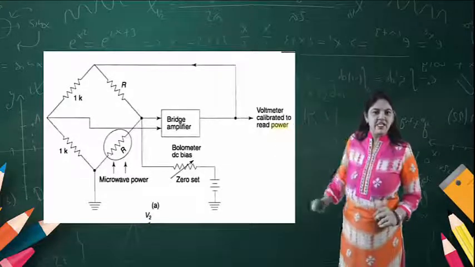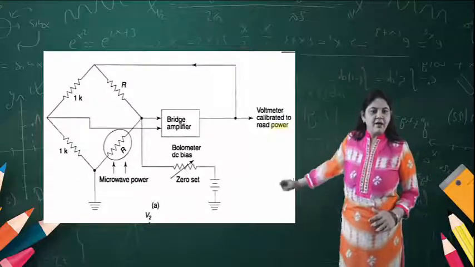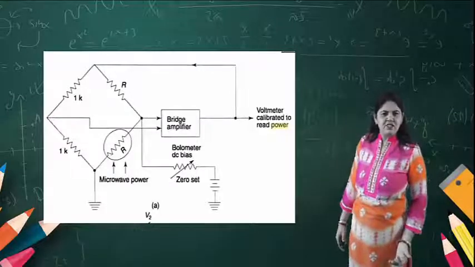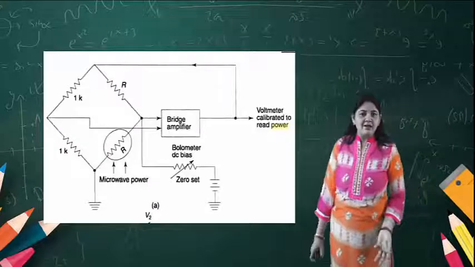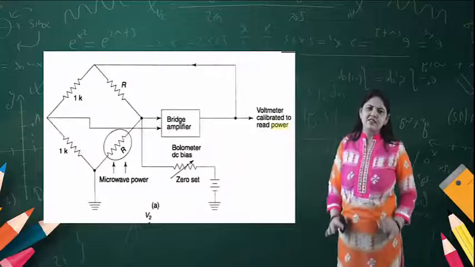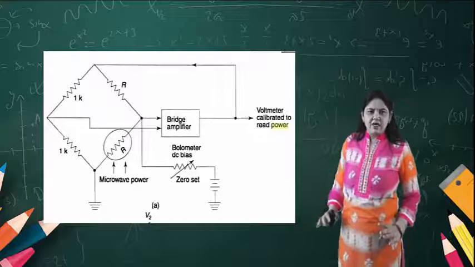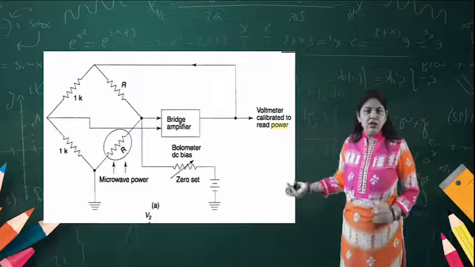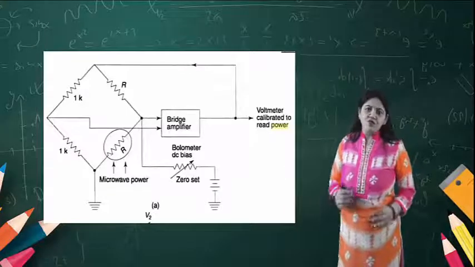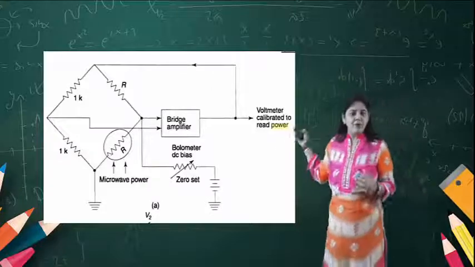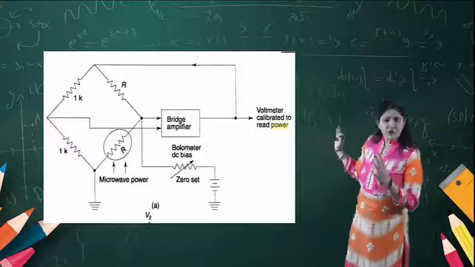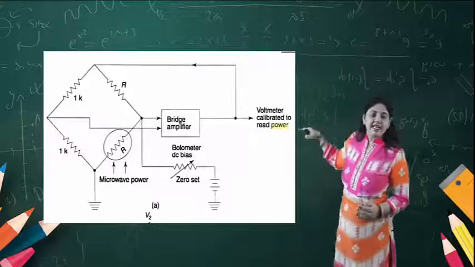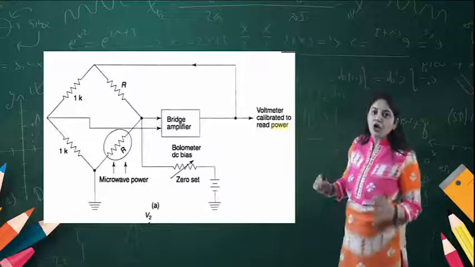In the initial bridge portion, you can see the microwave sensors being used. Under the zero bias condition, the bridge is in the balanced condition. Now we apply the microwave power to the microwave sensor. While applying this microwave power to the power sensors, it varies the resistance of the bridge circuit.